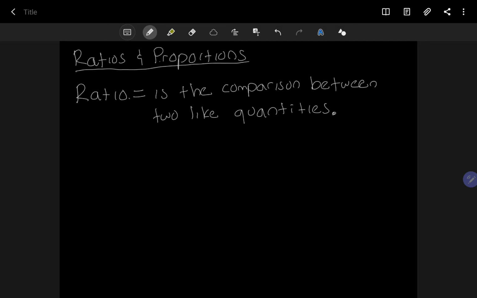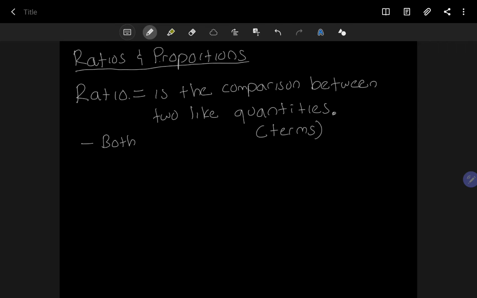Is it easy to see or is it hard to see? Okay, and one important thing about this is another way of saying quantities is terms. So meaning just a different way of two different numbers that we're looking at.